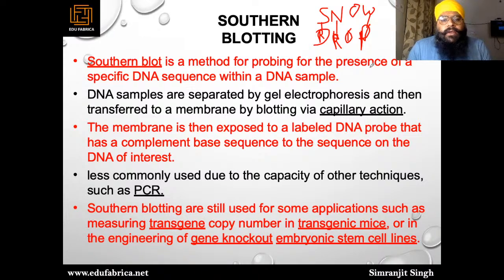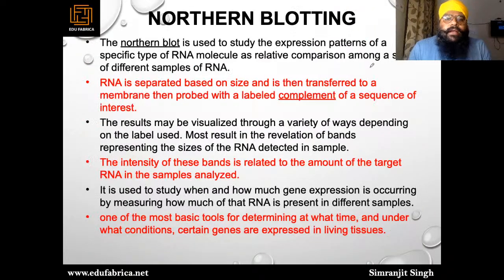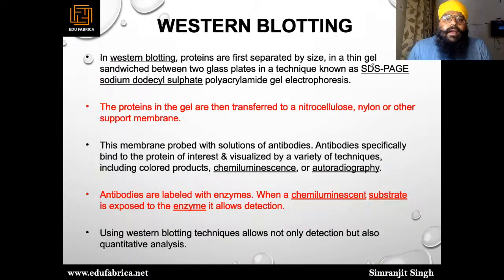It is less commonly used now due to the capacity of other techniques such as PCR. This technique is widely used when you want to make transgenic mice, gene knockout mice, and embryonic stem cell lines, so in order to identify the DNA, basically DNA applications. And Northern, as we discussed, is mainly done to detect the RNA, and the Western is done to check the protein.